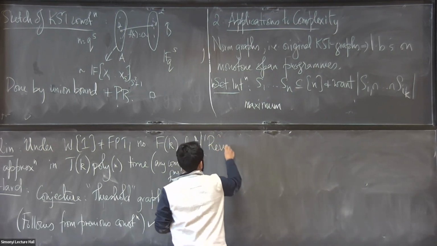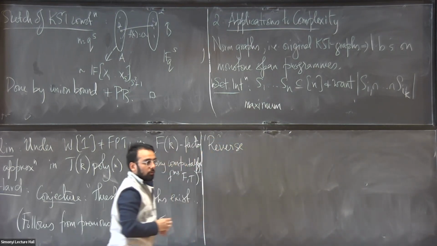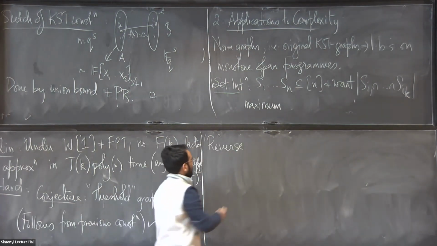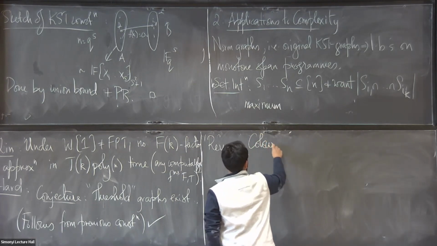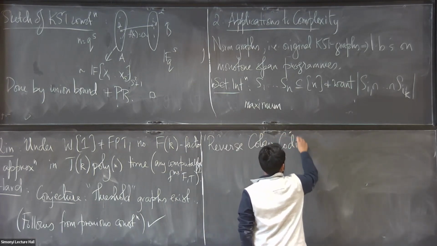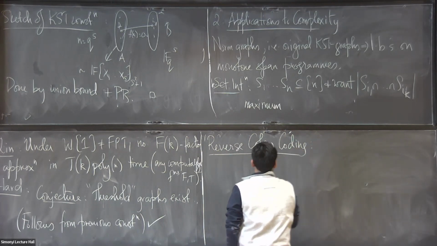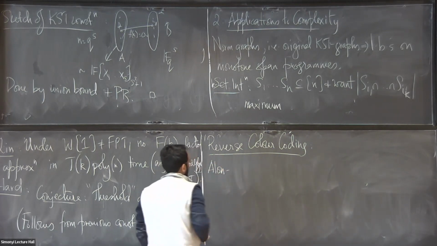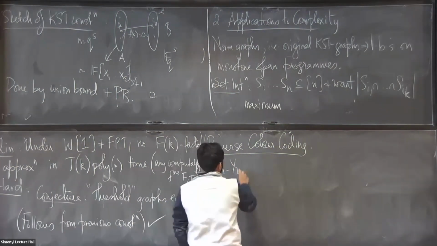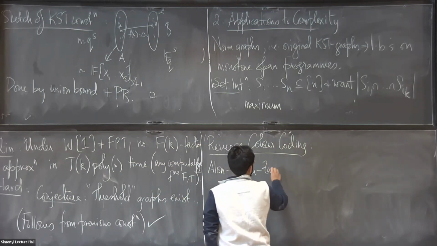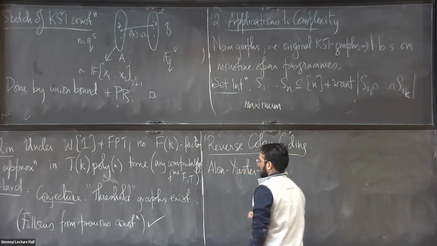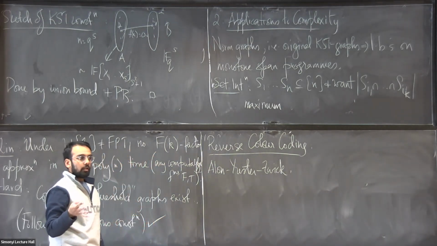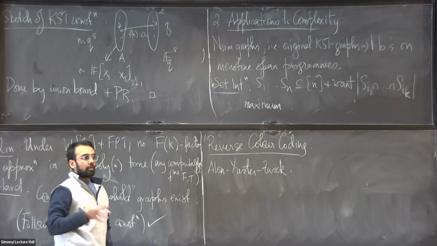One interesting general thing that we can do is come up with a general recipe to reverse what's called the color coding technique. This is the general method of Alon, Yuster and Zwick, and it helps you transform an uncolored problem to its colored variant in a computationally lossless way.